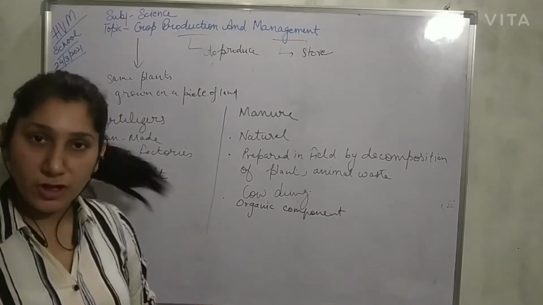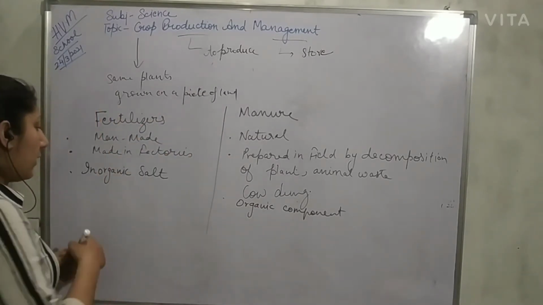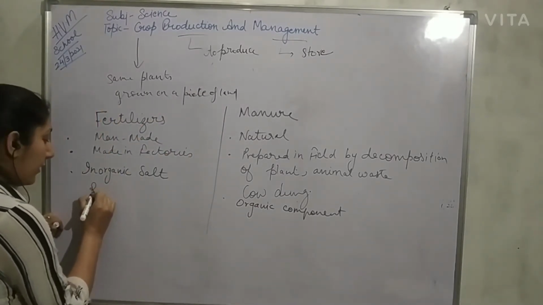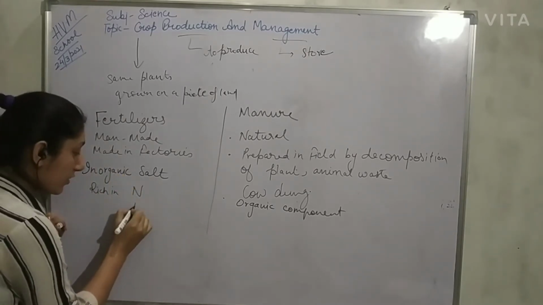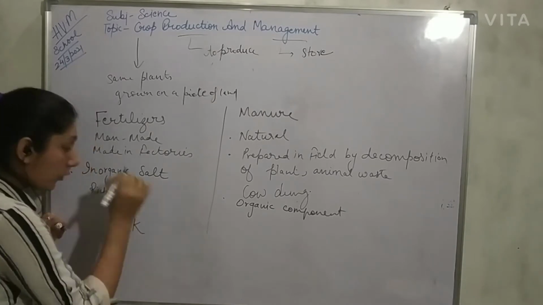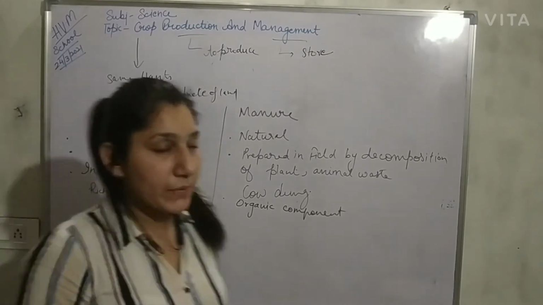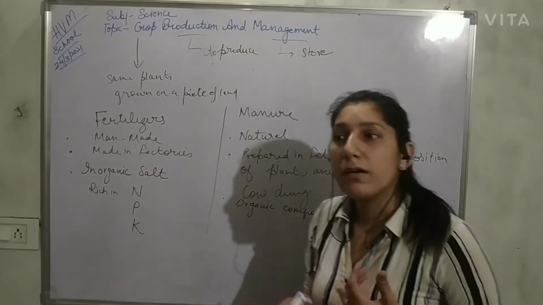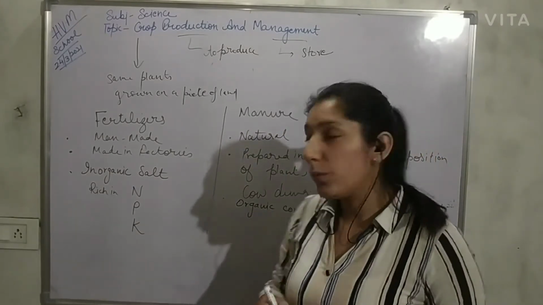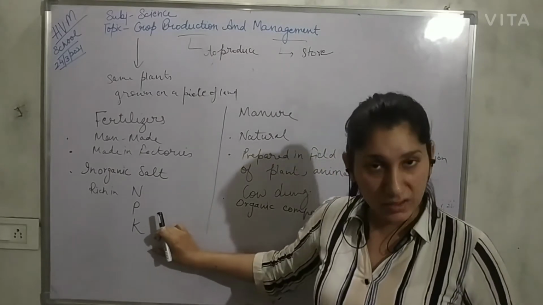So coming back to the topic, fertilizers. Fertilizers are very much rich in 3 things: nitrogen, phosphorus and potassium. In chemistry, whenever we have the name of an element, we have a symbol associated with that element.